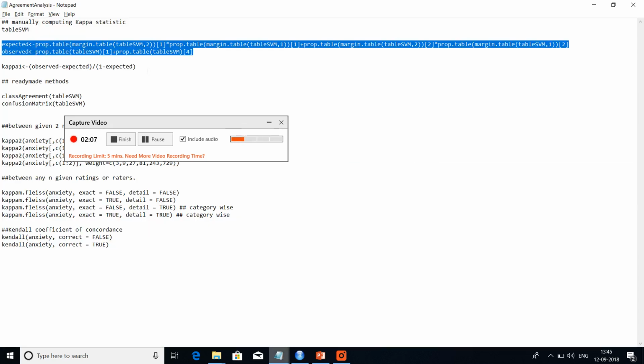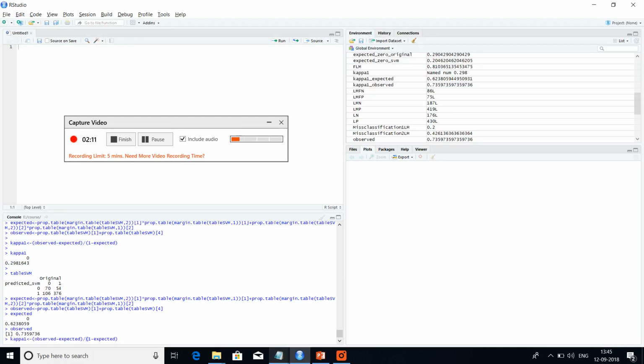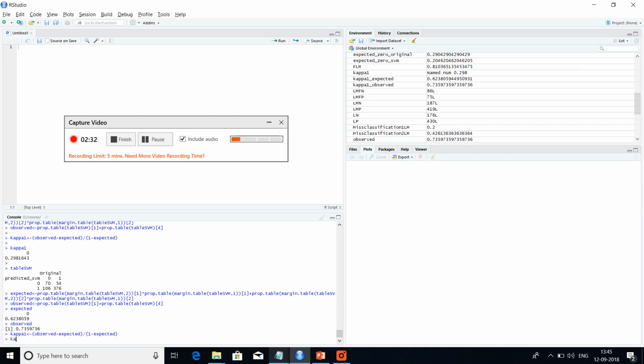Then I take a further ratio analysis where I compute the difference between my observed and expected behavior, and take that relative to 1 minus expected, which is essentially the previous expected computation subtracted from unity. And this gives me the kappa value.